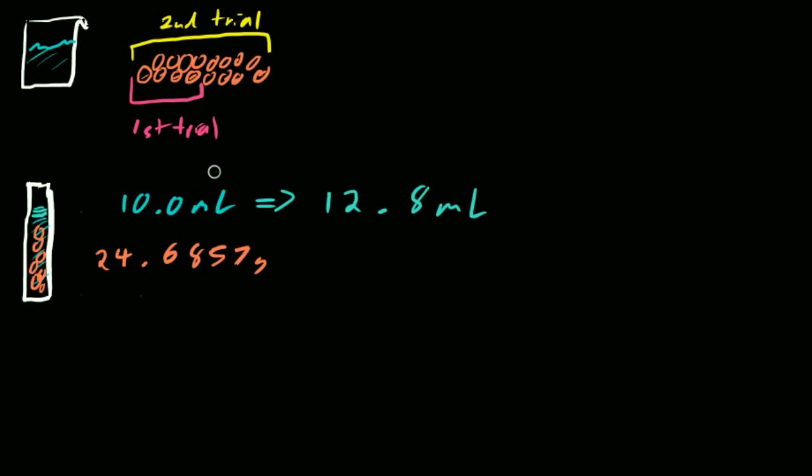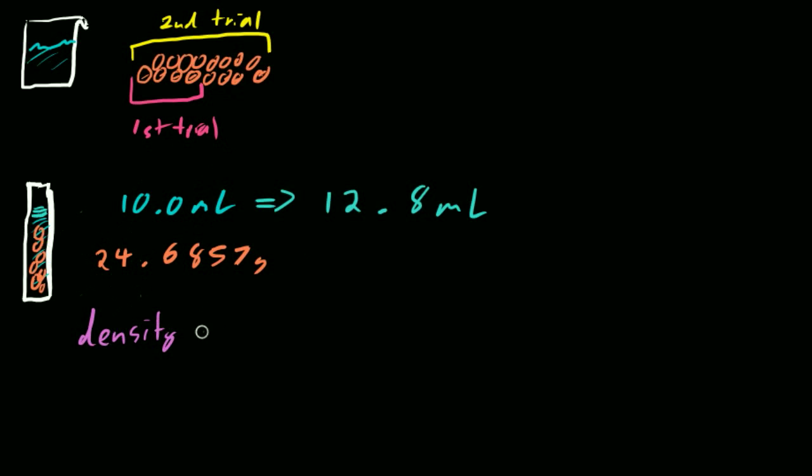If we figure out the density right now, we should expect a very similar number for the density in our second trial as for our first trial. I think I might be confusing you by saying that right now. So right now I'm going to figure out the density based on this first trial.